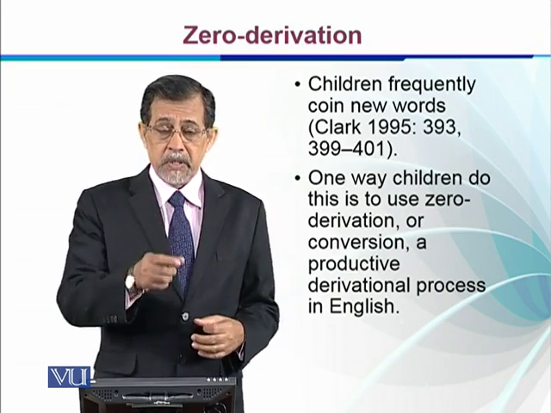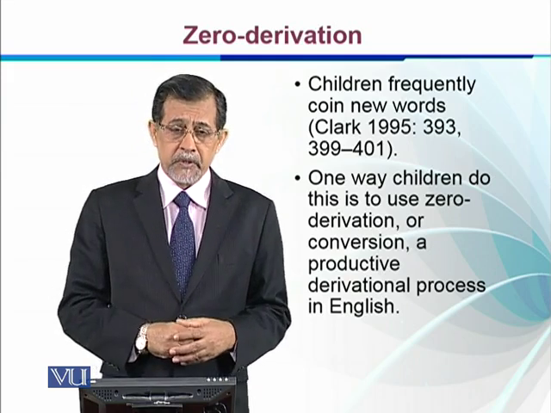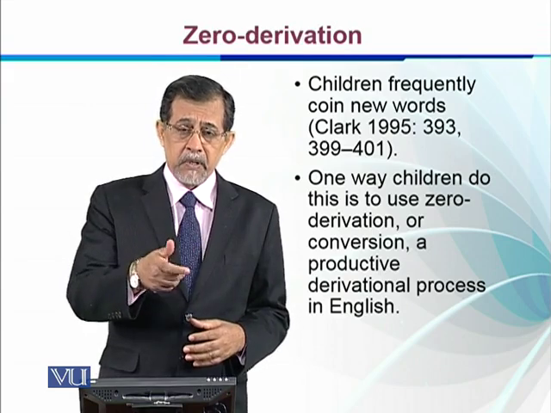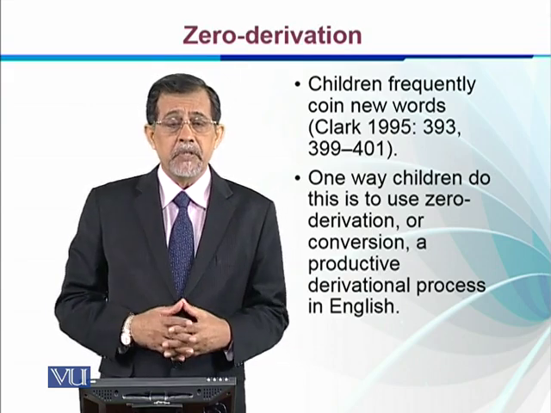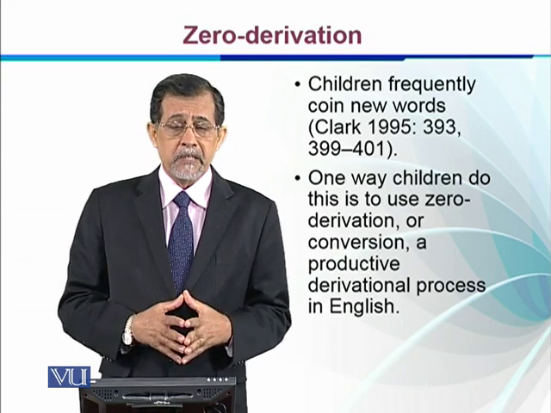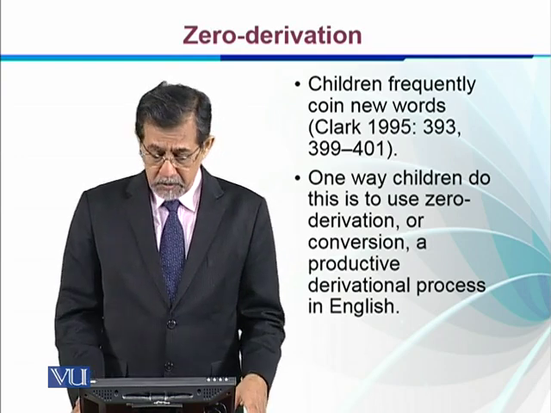What they do is convert the grammatical function of words. They may use a noun as a verb and a verb as a noun without using any derivational morpheme, which generally is a very legitimate process in a language.